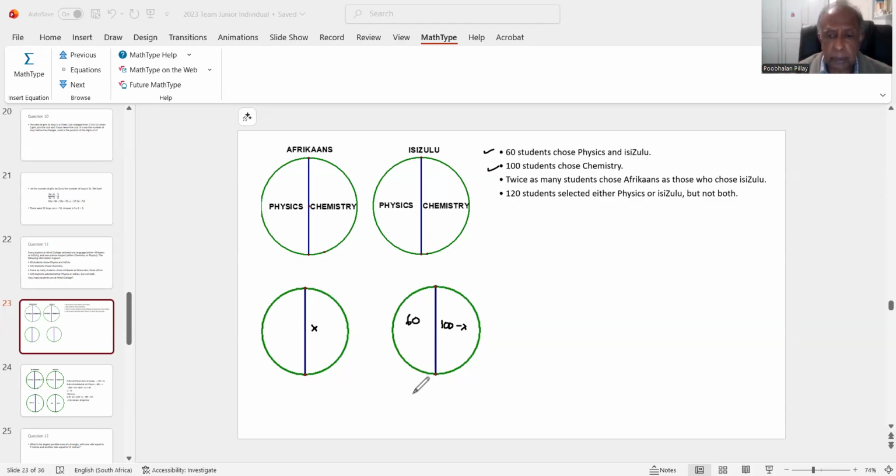So the total here is 160 minus X. But there are twice as many students who chose Afrikaans. So you've got 160 minus X who chose isiZulu, and altogether you've got 320 minus 2X. Twice as many students chose Afrikaans. So the total number here is 360 minus 2X, and therefore this part here will be 360 minus 3X. And when you add these two, you're supposed to get to that.